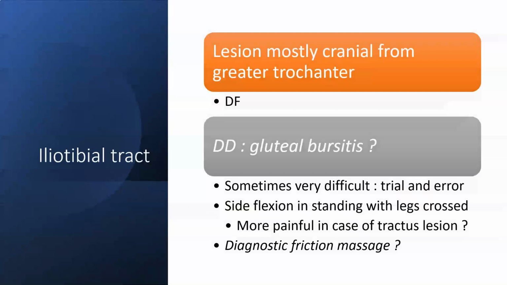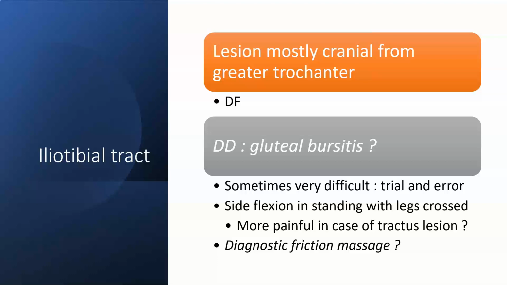An iliotibial tract lesion is also frequent. Mostly the lesion lies cranial from the greater trochanter and reacts well on friction massage. But the clinical image could be more or less similar to that of a gluteal lesion or a bursitis trochanterica, and sometimes it's difficult to differentiate.